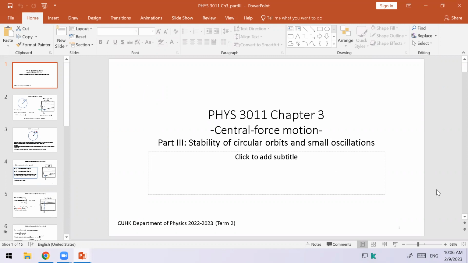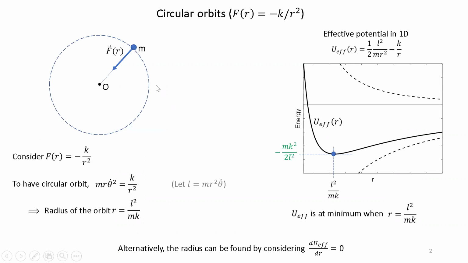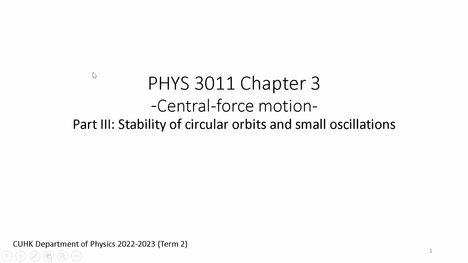Just to make it easy to visualize the problem, I'll again assume that this is a one body problem where I have a fixed origin and a small mass. This is what I'm going to consider again.